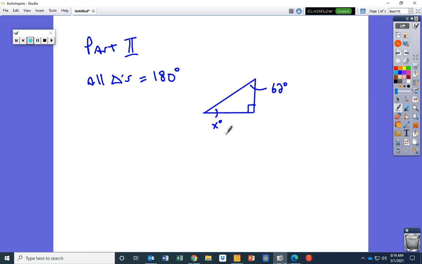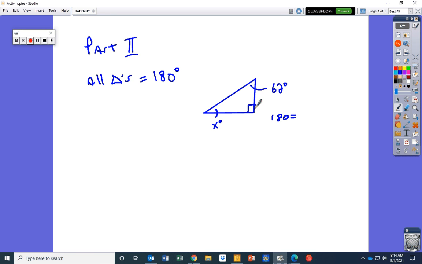Even though I'm only given one angle here, technically am I given two angles? Why? Because what does this mean? This means 90 degrees, right? Well, these three angles together have to equal what? 180. So just like with supplementary angles, when you made your equation, you're going to do the same thing with these triangles. So 180 equals, what do I know?